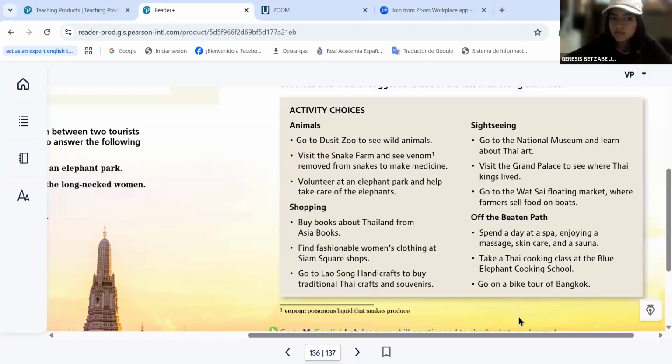Each brings one option, one less and one more interesting. We have four. But you have one less and one more interesting? Yes, the more interesting and less. Okay, we have four sentences. Nice. Very good.